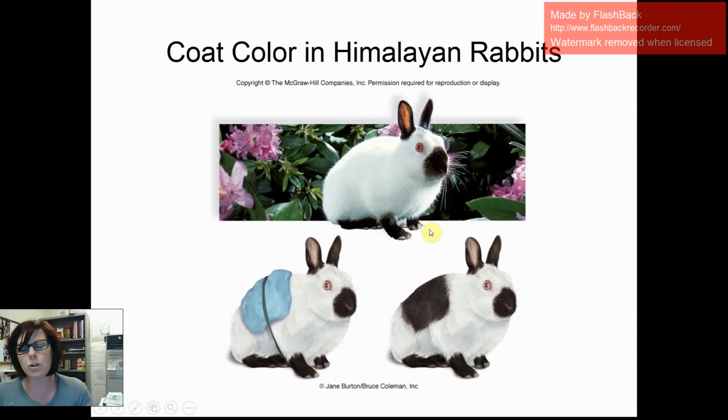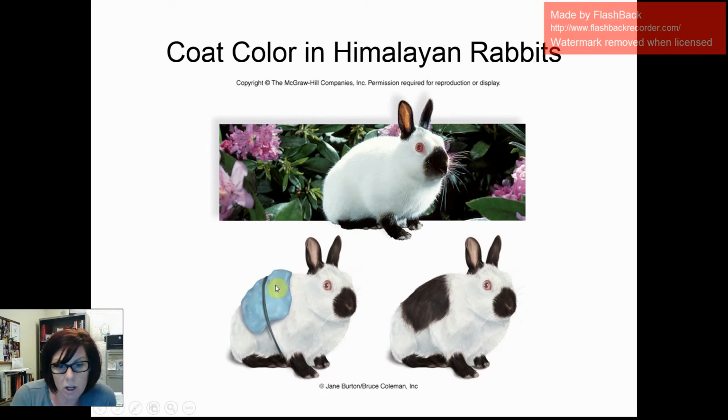And that's where they're losing body heat. They lose body heat out of the extremities, and so in that case, you see that the pigmentation gene is turned on when it's colder. So when it's colder, the temperature is affecting that pigmentation gene being turned on.